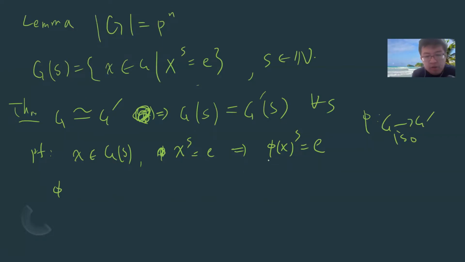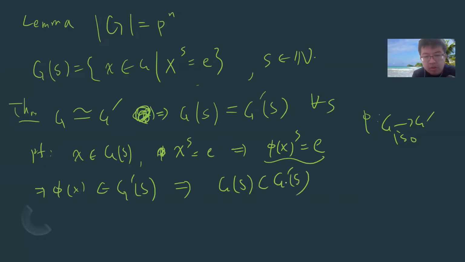Then obviously phi of x belongs to G prime of s. So we prove that G of s is in G prime of s, but this phi is an isomorphism, so you can just reverse and get the other direction.